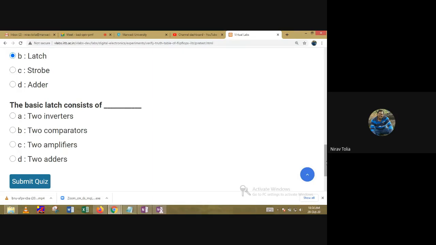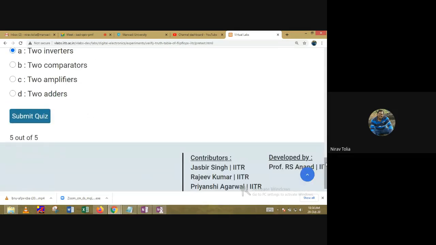Parthiv, Kisan, Nishita, Keyur, Dirga, Mitul, Kusal give the answer, it is two inverters. Keyur also gives the answer, Sanjna. So let me submit the quiz. So yes, all the questions are right.